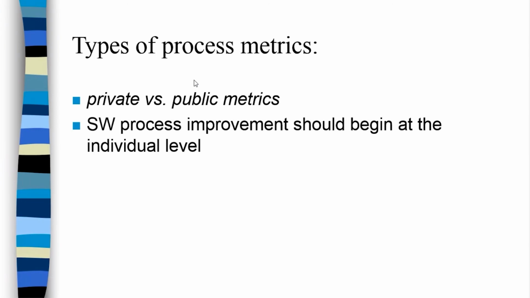So private process metrics are private to the software project team, but public to all members of that specific team. Public metrics are generally made public to the whole organization.